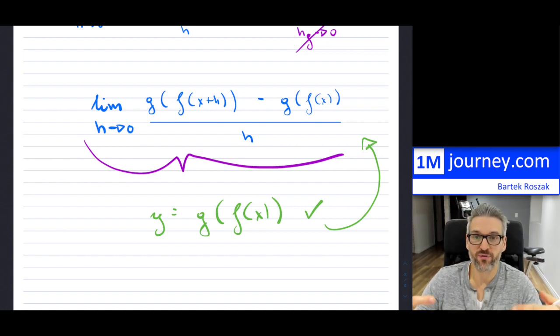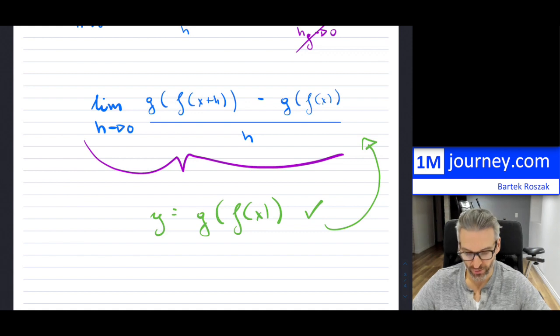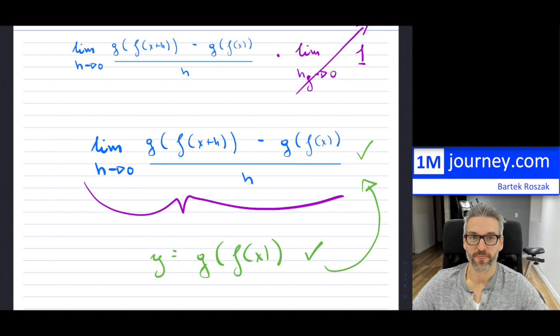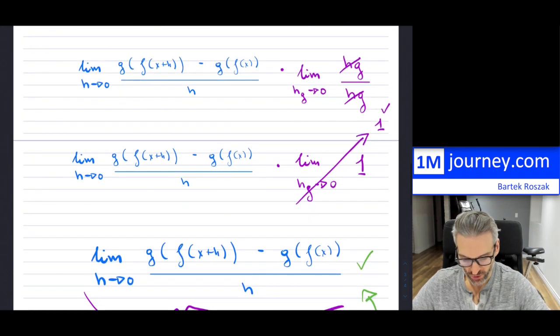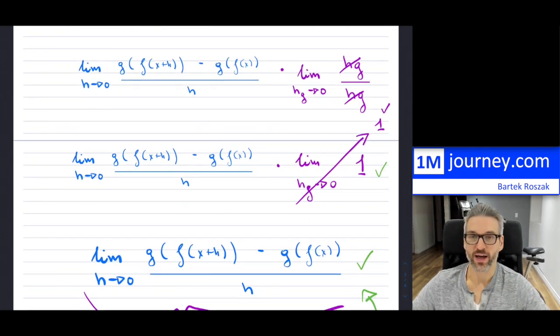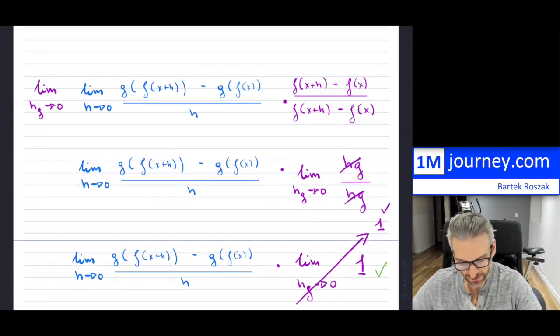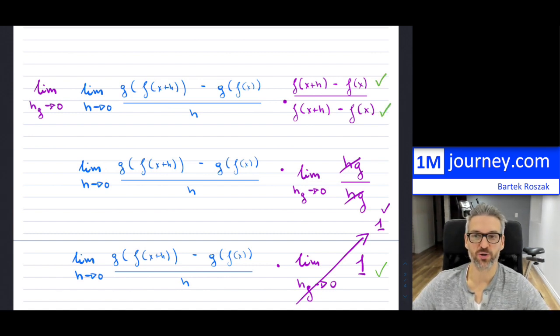So I have now reverse engineered the actual proof. So now if you go backwards, you're going to get your result. You would start with the actual proof. You can define this right here. As the limit of hg approaches 0 of a constant, meaning really we're multiplying the numerator and denominator by this.